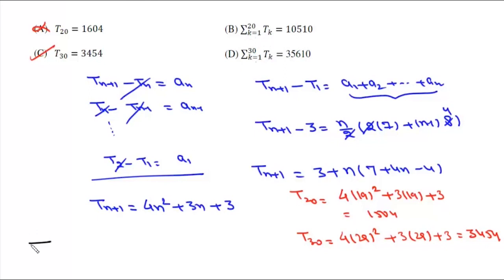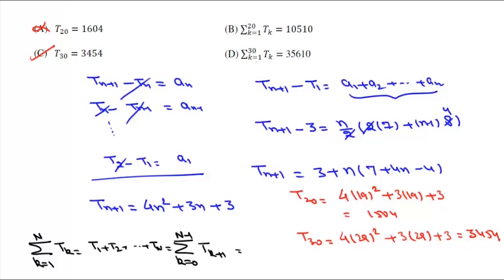So we have to simplify this summation, k varies from 1 to, suppose, capital N, Tk, which is T1 plus T2 up to Tn. Now we can also write this as the summation, k varies from 0 to n minus 1, T k plus 1, because again it will be T1 plus T2 up to Tn.